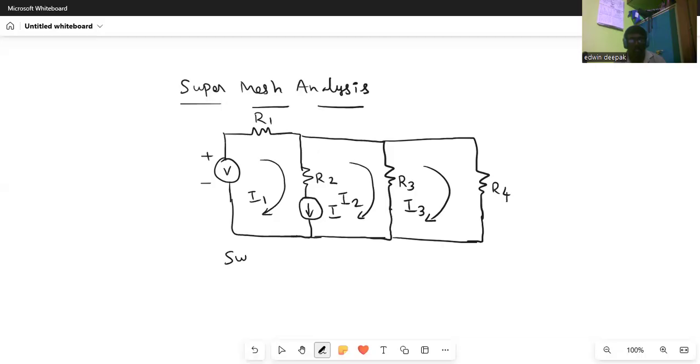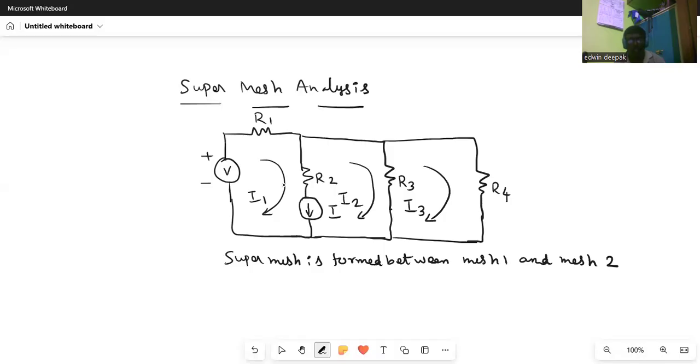So here the super mesh is formed between mesh 1 and mesh 2. Writing the equations directly will be slightly difficult.